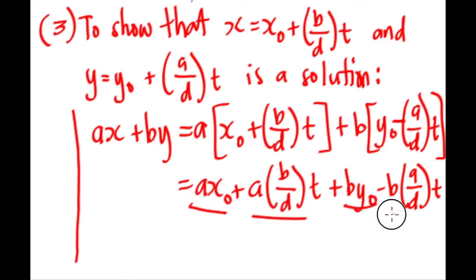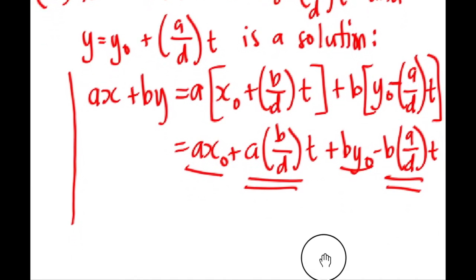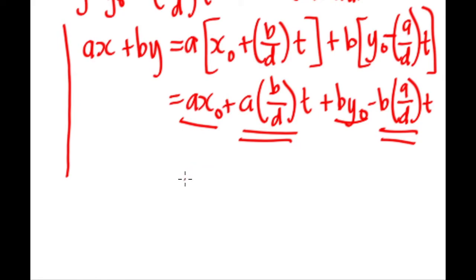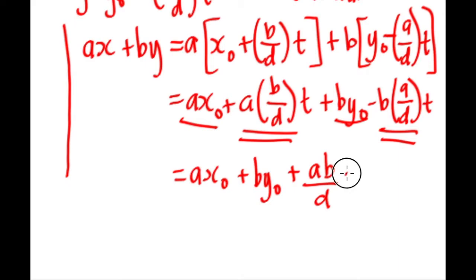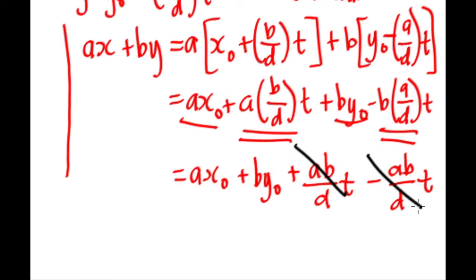So we have a x sub 0 plus b y sub 0 plus ab over d times t minus ab over d times t. As you can see, they're the same exact terms, so we can cancel them out.